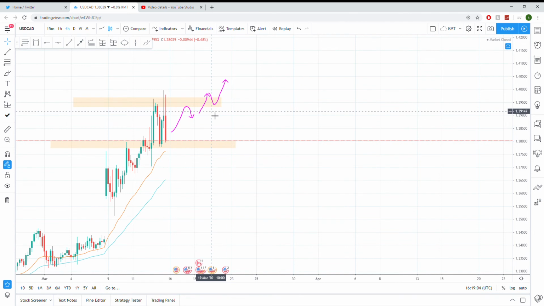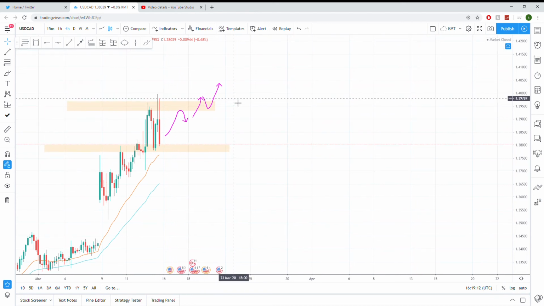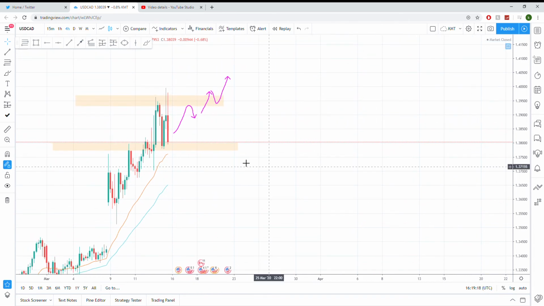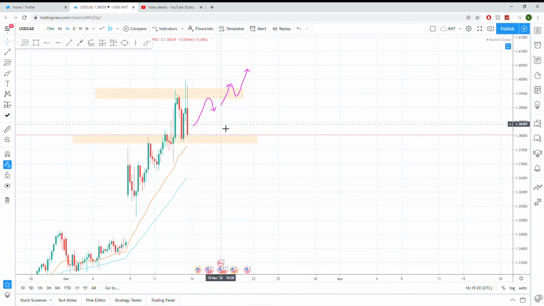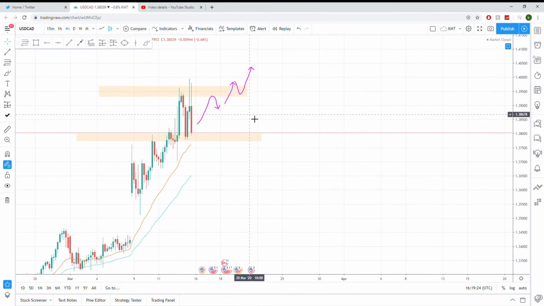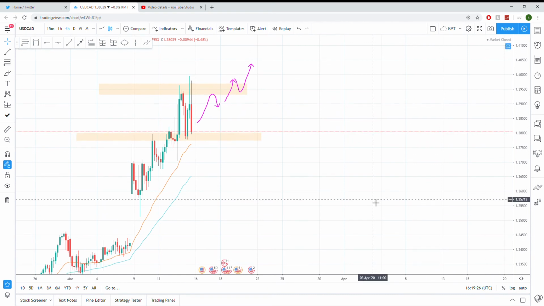We could either close way below this, or we could still continue to push higher. So with this zone, just pay attention to exactly whether we are looking to buy or sell from that point. We have two bias opinions on this area, which is still great, to be honest, because we can still be versatile in this market.